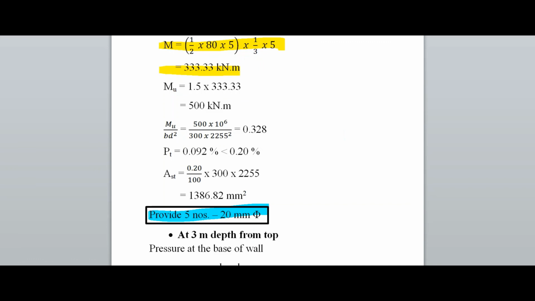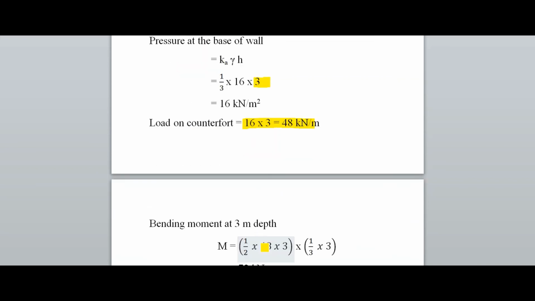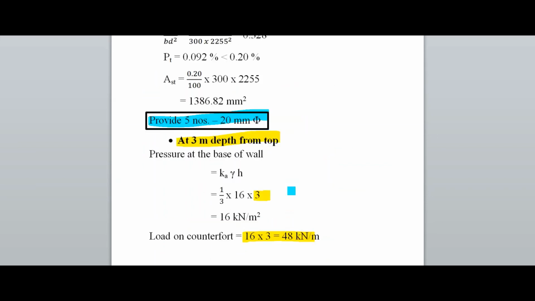Same thing for the 3 meter depth from the top. Just the height changes, so the load changes, the bending moment changes, right? Mu will change, so Mu by bd squared will change, so Ast will change. So we provided 3 bars of 20 mm diameter, right? I hope you understand.